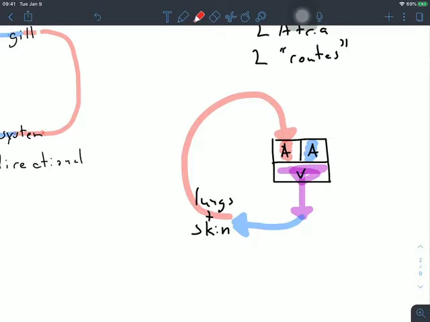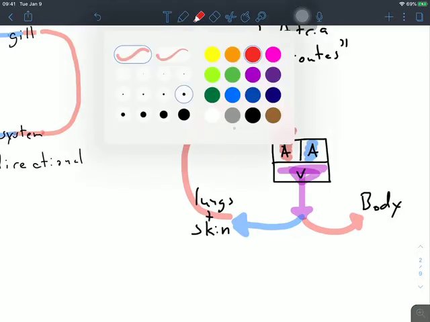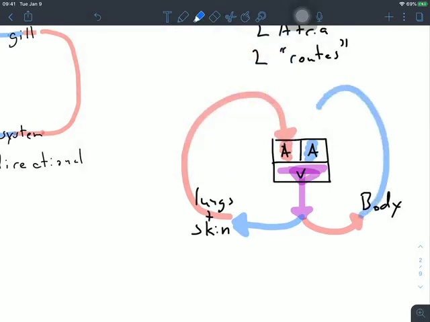And then the other loop that will go towards the body, or the systemic loop, which will then return from the body, deoxygenated, to the heart.